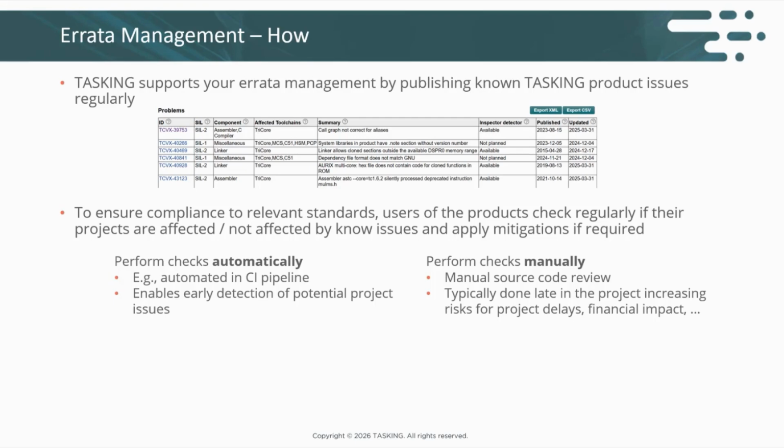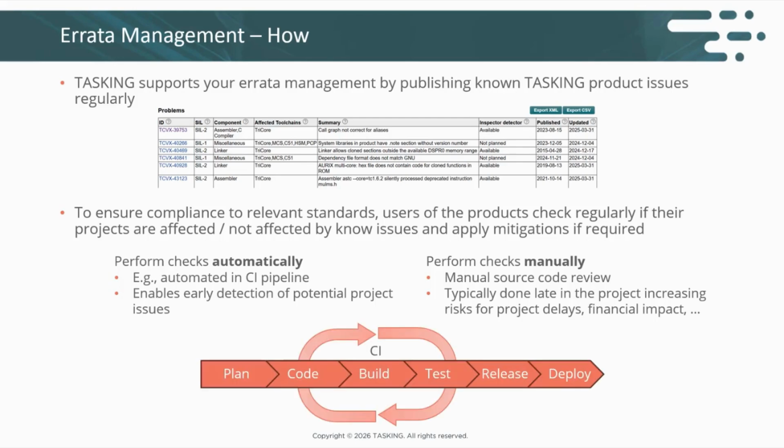Of course, a manual check causes efforts, and therefore quite often these checks are done only once in a late stage of the project. Typically, you see these kinds of different phases in projects. A manual check is often seen as part of the test or release activities.